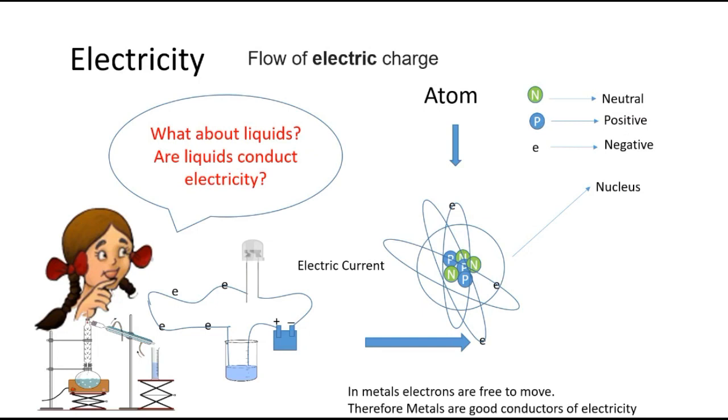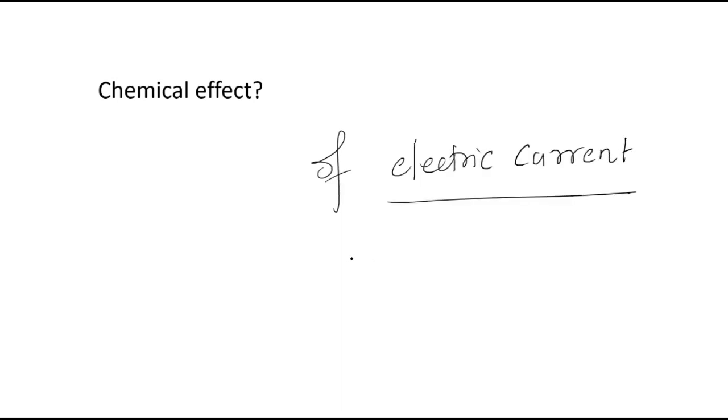With this information, let us start to know about the meaning of chemical effect, because the name of the chapter and the topic which we are going to study is the chemical effect of electric current. And so far you know what is meant by electric current. Electric current is flow of charges, or more specifically we can say in metals it is flow of negative charges.